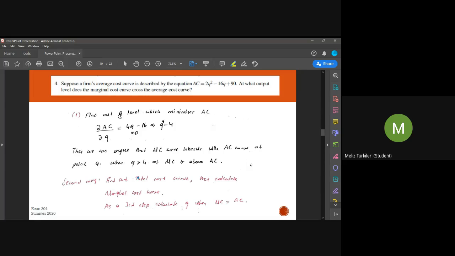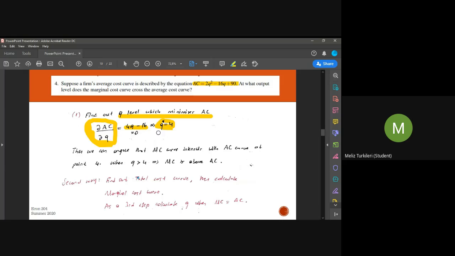We need to find the Q level which minimizes our average cost. And we know that if you want to find the minimization, you need to take the partial derivative of the average cost with respect to quantity. If you take the partial derivative of this equation, you will find that it is equal to 4Q minus 16. And if you solve this equation, Q is equal to 4.